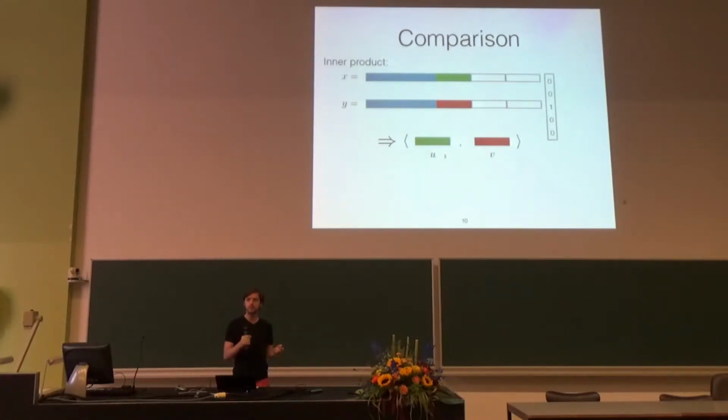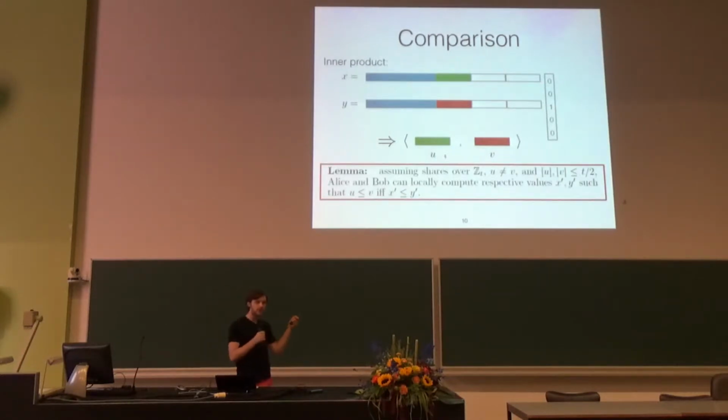That relies on a new lemma, which is quite interesting in itself, but I won't give the details of the lemma. Intuitively, what it says is that if you can ensure that two constraints are guaranteed, the first one being that the secret sharing is done over Z_t, where t is bigger than twice the size of u and v. We know that u and v are of size at most 2 to the square root of L, so we will enforce the fact that t will be twice bigger than that.